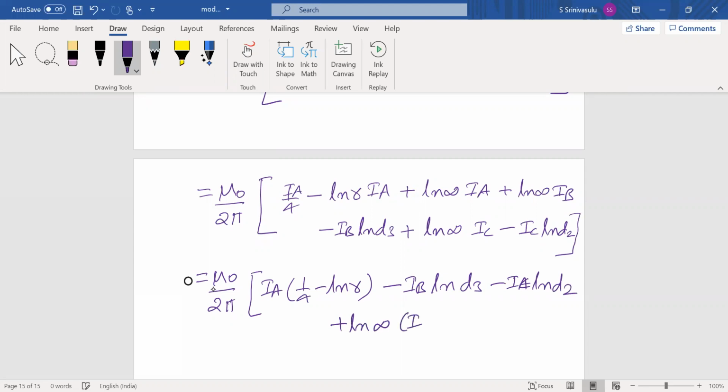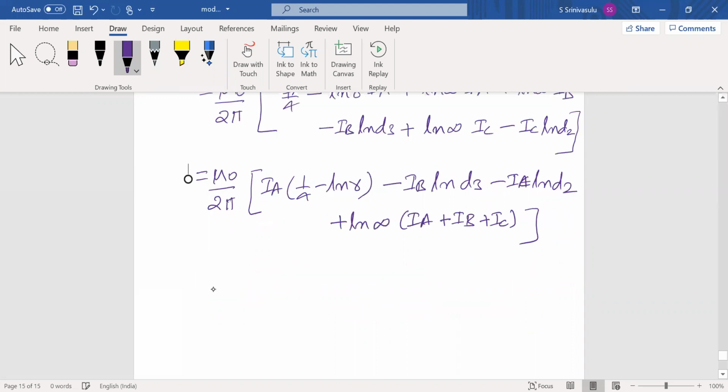What will we get? IA plus IB plus IC. Now we know that in a balanced system, IA plus IB plus IC equals 0. Therefore, this total will be 0. Now, what are the remaining terms?